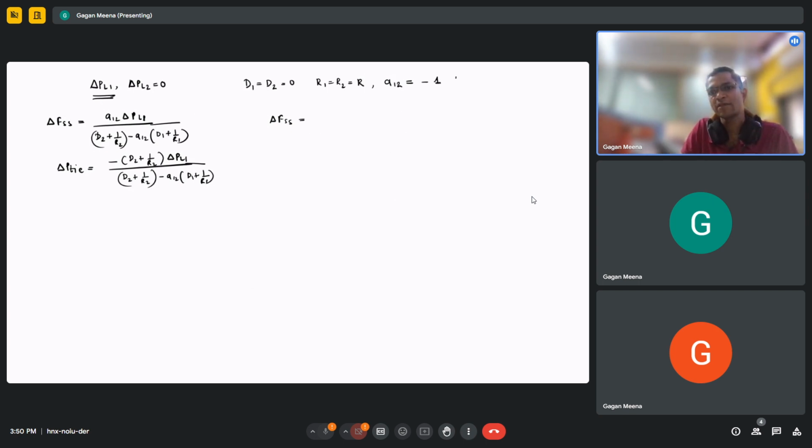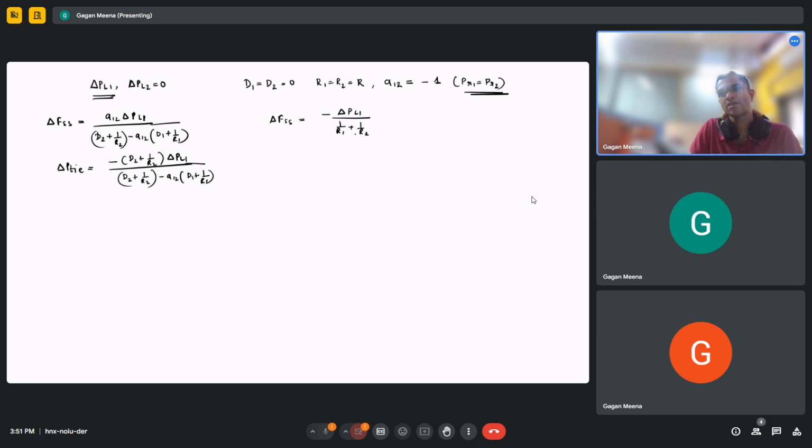When will this happen? When PR1 is equal to PR2, the rating of generation in both areas is the same. So A12 becomes minus 1, and this becomes minus delta PL1 upon 1 by R1 plus 1 by R2.